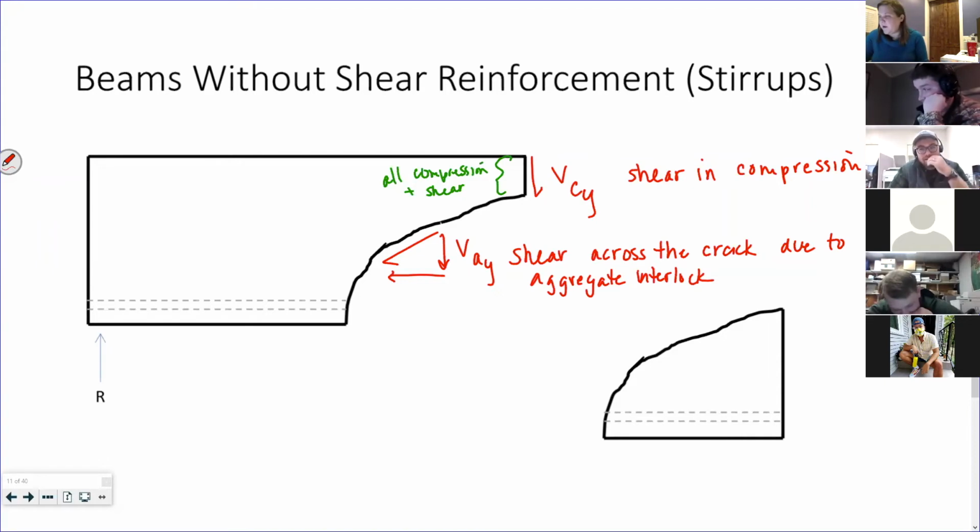And then I have my shear strength in the longitudinal section. It's just the dowel action, right? If we're applying a vertical load to that reinforcement, it doesn't want to move, so it's resisting.